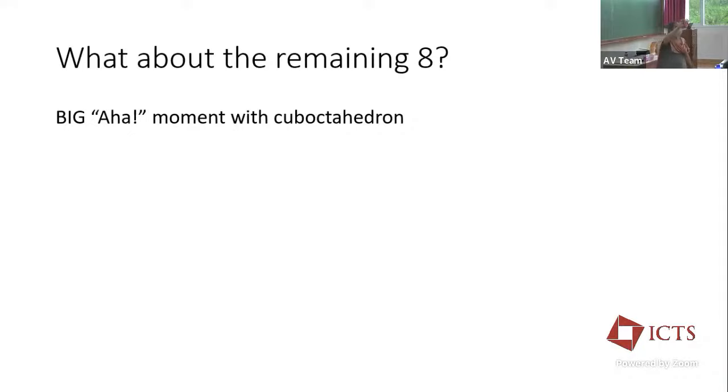This is called a cuboctahedron. So what are the faces? Which polygons are used as faces? And what colors are you seeing? So the squares are pretty much the same colors, right?